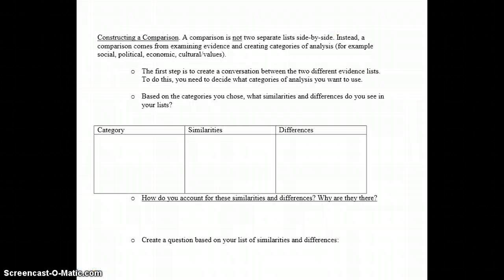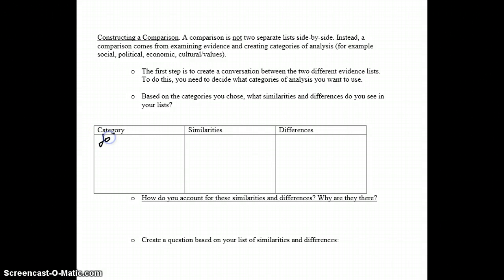Now, if we're going to compare these two wonderful women, we need to decide what categories of analysis we want to discuss. And so for the purpose of this exercise, I'm going to pick three categories.